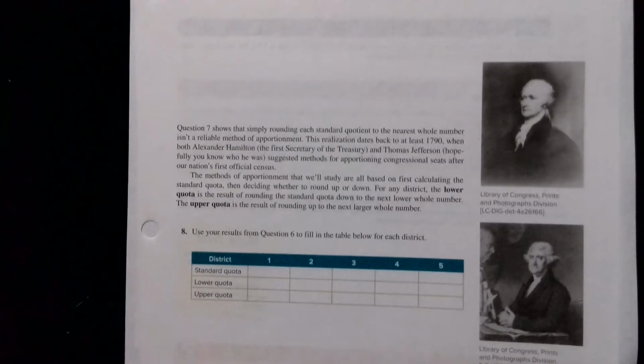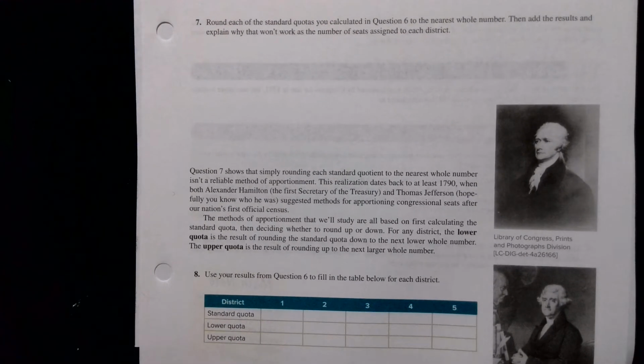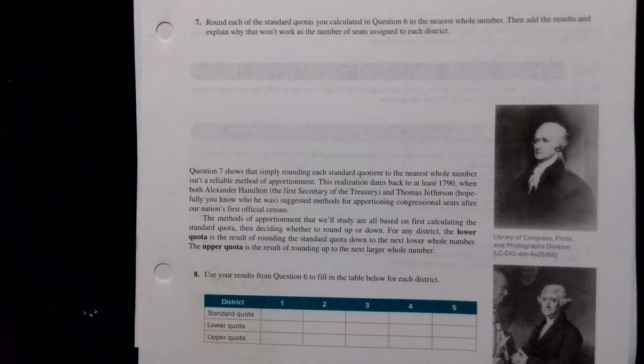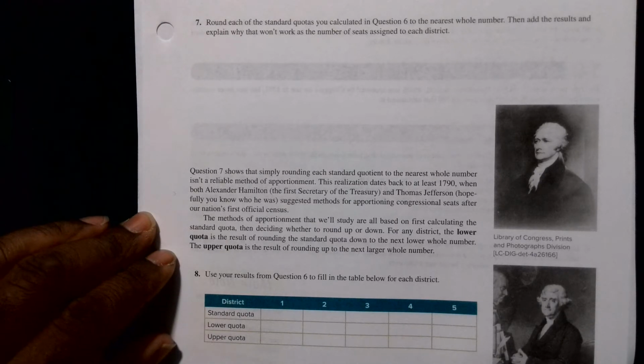So we'll move on to page 99. It says round each of the standard quotas you calculated in question 6 to the nearest whole number. Then add the results and explain why that won't work as the number of seats assigned to each district.